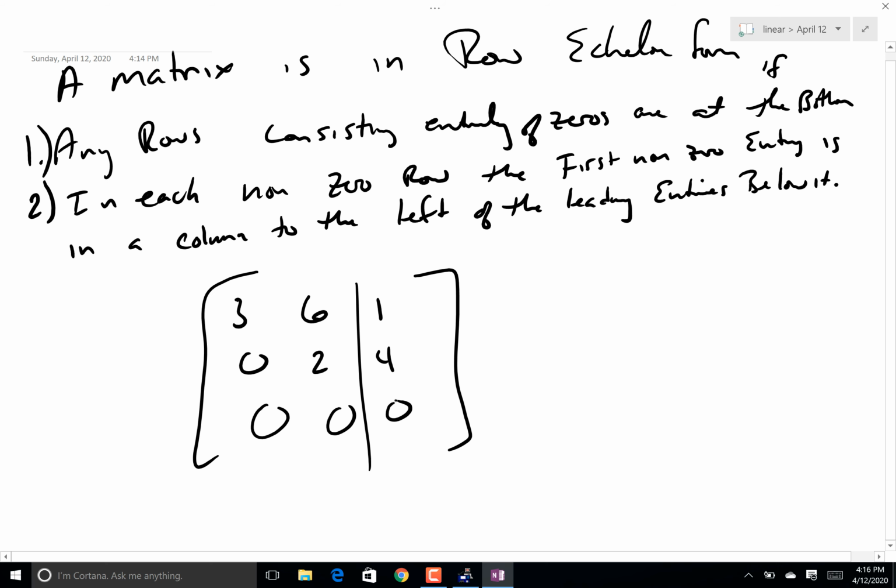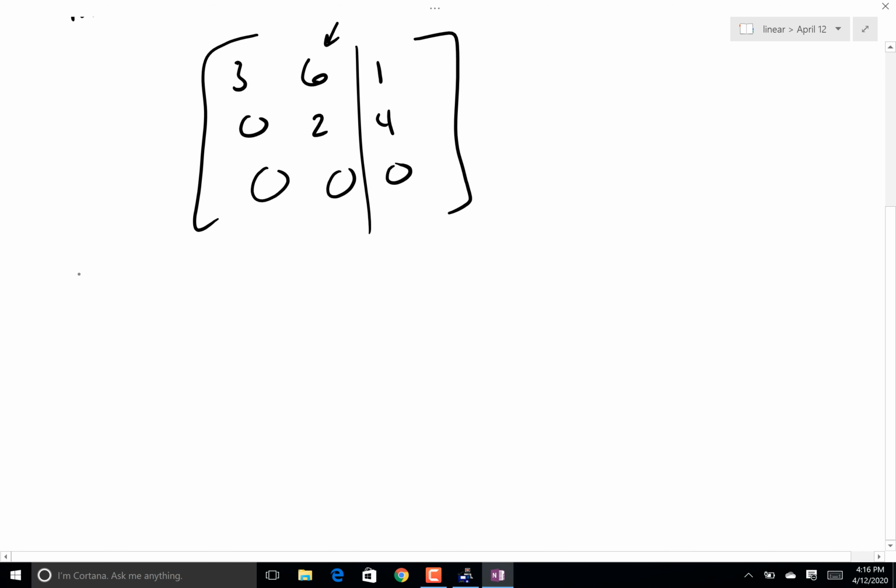This is row echelon format. Okay, this is row echelon. Notice that it does not have to have the zeros here. You with me? It does not have to have that. Okay. Now, we don't do a ton of just echelon form. Okay, we typically continue all the way down to reduced row echelon format. And so reduced row echelon will always look like this. So reduced row echelon form satisfies the following properties.